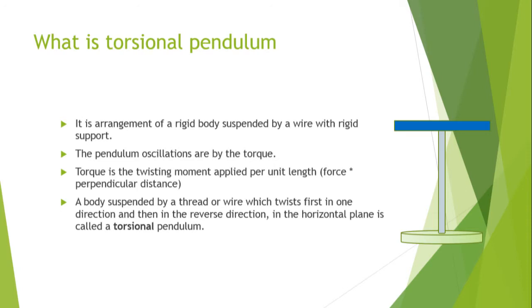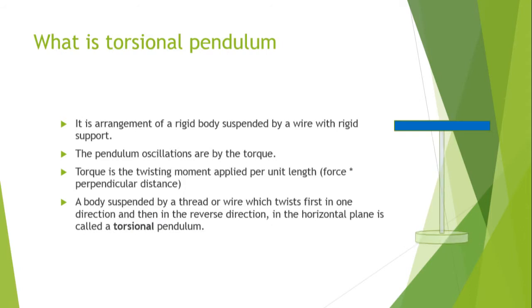That type of oscillation is known as torsional oscillation. So a body suspended by a thread or wire, which twists first in one direction and then reverses in the other direction in the horizontal plane, is called a torsional pendulum.